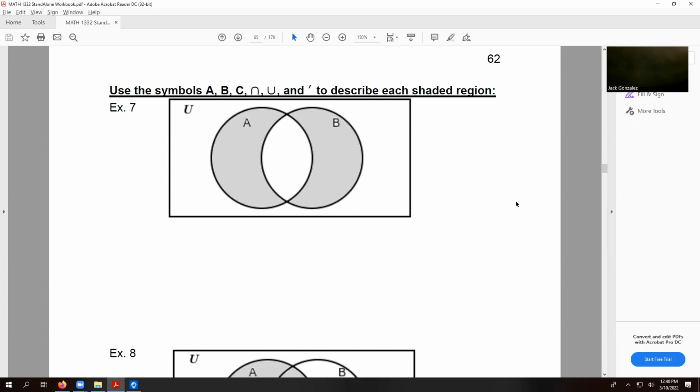There might be more than one way. A union B, but not including the intersection.